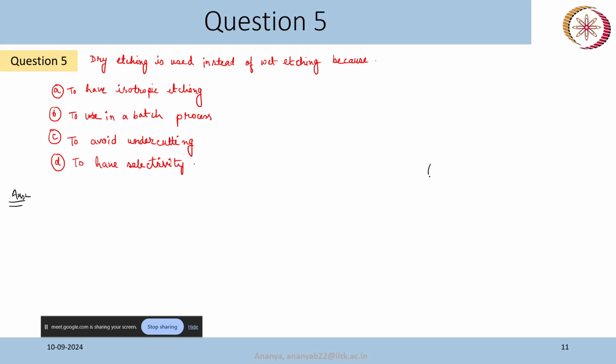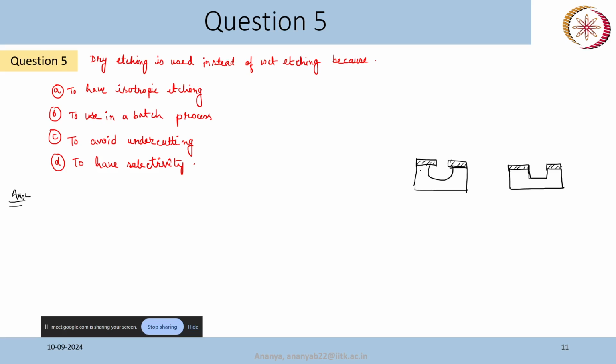If your etching profile is like this, and what you actually wanted was like this, say, a vertical wall, that means a directional etching only in this direction, say the z direction, but you are getting etching in the xy direction also.